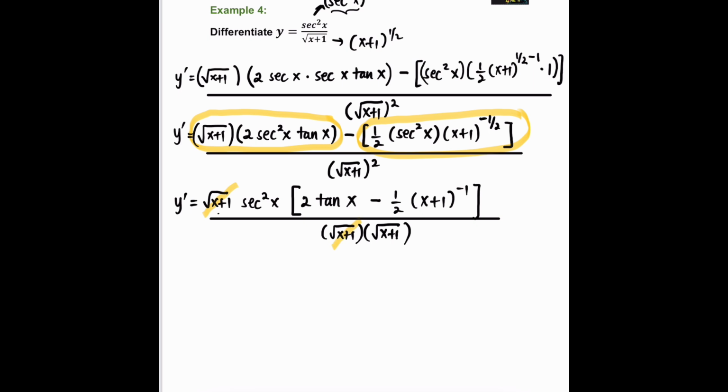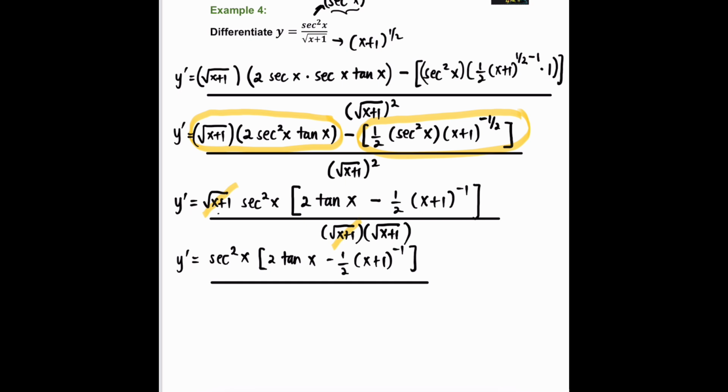And we are left with y prime equals secant squared x times the whole thing inside a bracket, which is 2 tangent x minus 1/2 times x plus 1 to the power of -1, and the denominator now is square root of x plus 1.